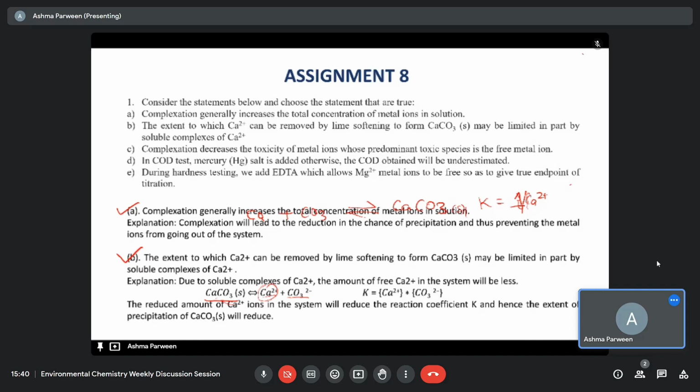Next option is, during hardness testing, we add EDTA, which allows magnesium metal ions to be free so as to give true endpoint of titration. This is also wrong, because first we add EBT, through which magnesium and EBT make complexes, and finally it is titrated with EDTA, which forms the complex with magnesium.